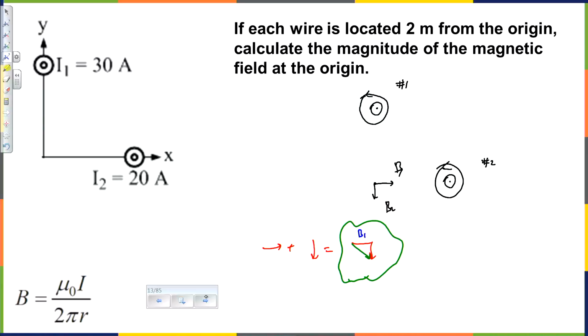What else is wrong with this picture? I would say even wronger than no labels. What do you think? Yes? Your B1 should be bigger than... It's not a big deal.